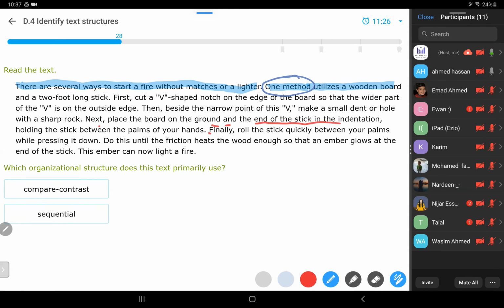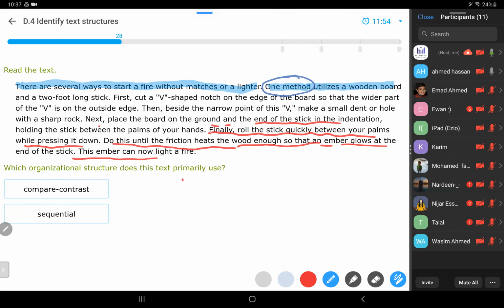Oh, no. What I thought was correct at the beginning, it looks like it's not correct. So finally, roll the stick quickly between your palms while pressing it down. Do this until the friction heats the wood enough so that an amber glows at the end of the stick. This amber can now light a fire.